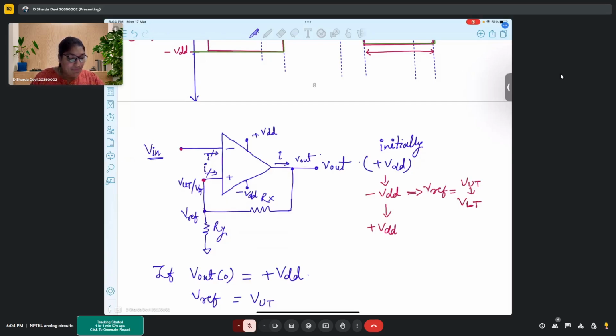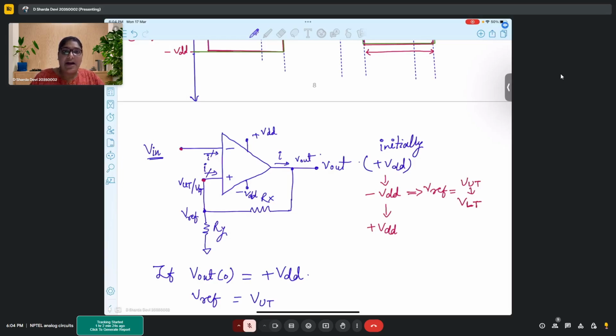So here what I was saying is, now since we have come to say that I want a relaxation oscillator, and as we can see that Schmitt trigger gives me a square output, or I can say square wave output. But the only issue in a Schmitt trigger is I am providing an external input to my Schmitt trigger. But if it was an oscillator, I should not provide any input signal to my oscillator, right?